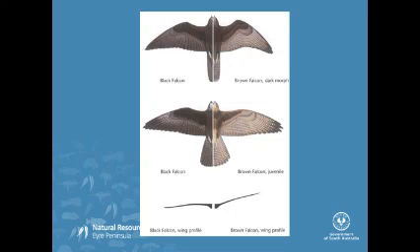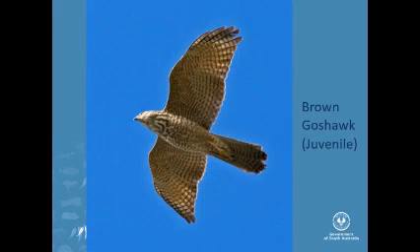See the brown falcon's more up, the black falcon's more down. This guy, it's a goshawk or a sparrowhawk because the barring's all over, body and wing. It's got the rounded tail, goshawk.